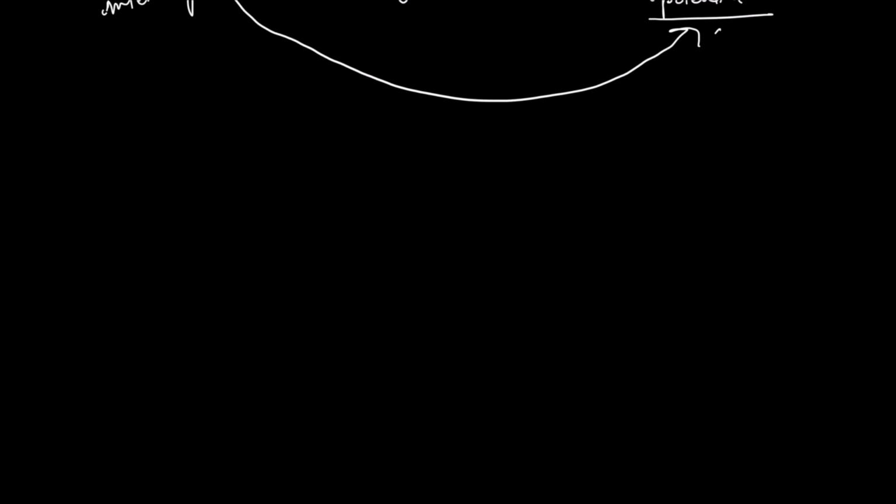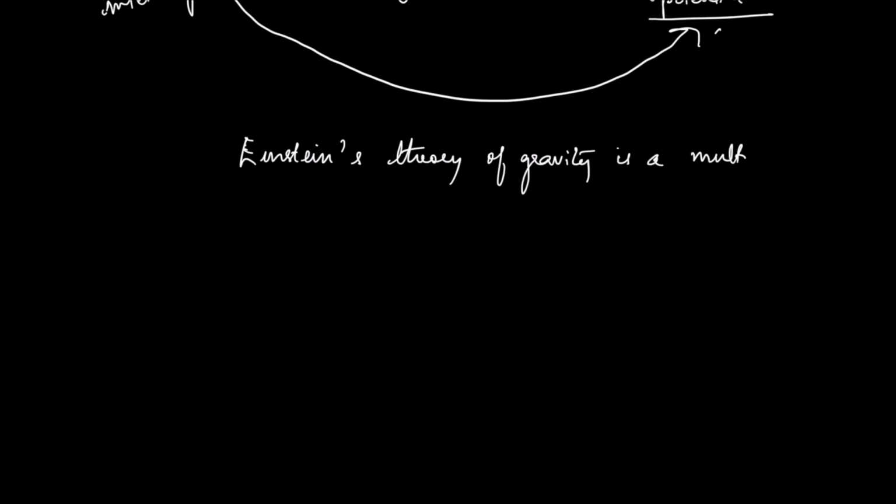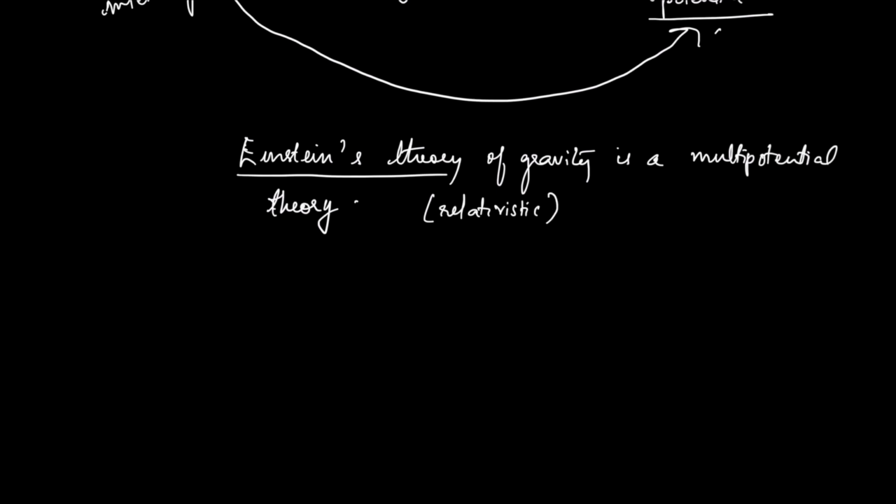Therefore, Einstein's theory of gravity is a multi-potential theory. Einstein's theory is also a relativistic theory.